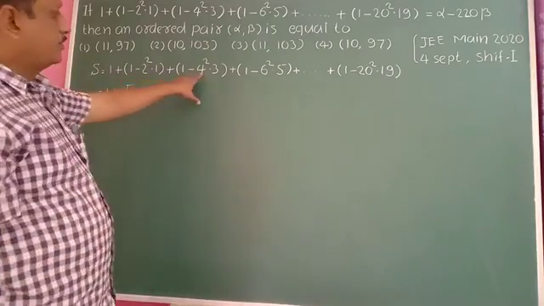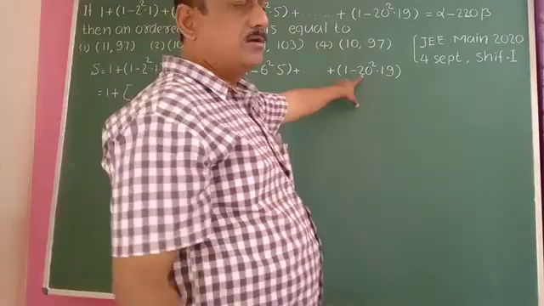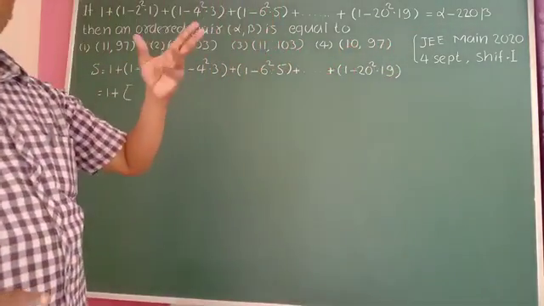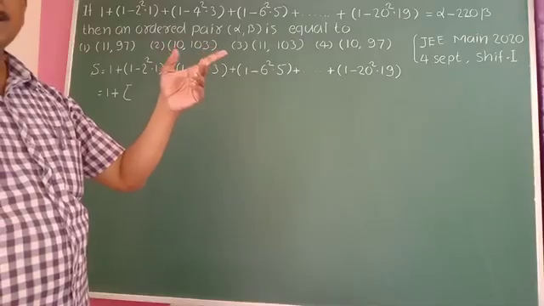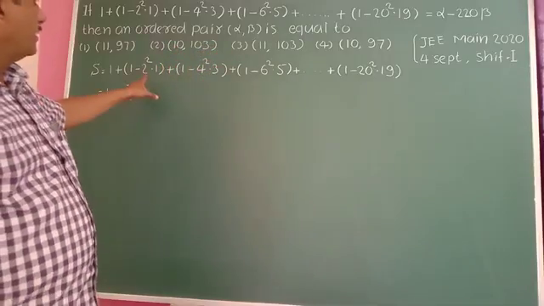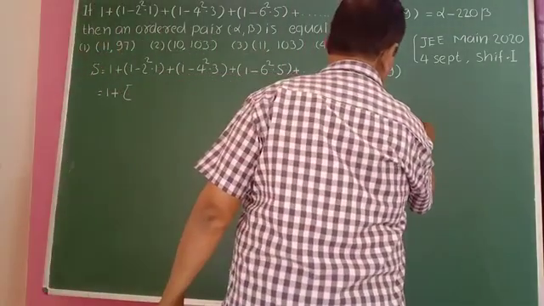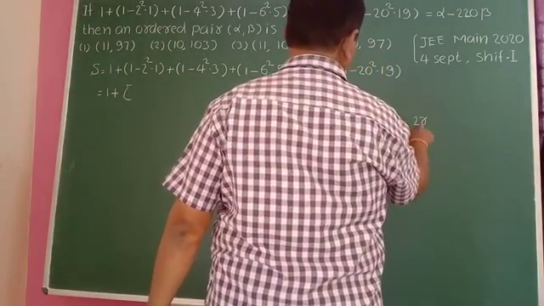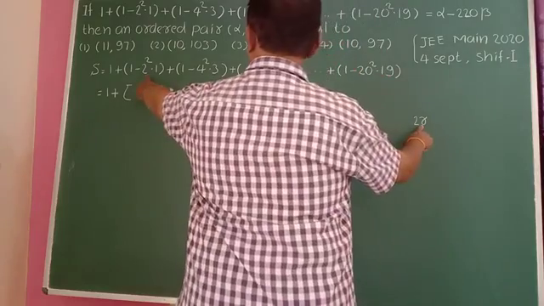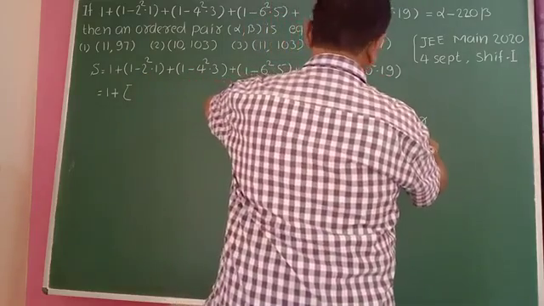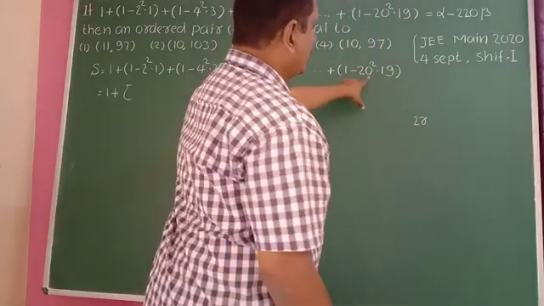The numbers 2, 4, 6, 8, 10 and so on up to 20 are 10 terms in total. Therefore you can write this as 2r. Put r equal to 1, it gives 2; put r equal to 2, we get 4; put r equal to 3, we get 6; put r equal to 10, we get 20.